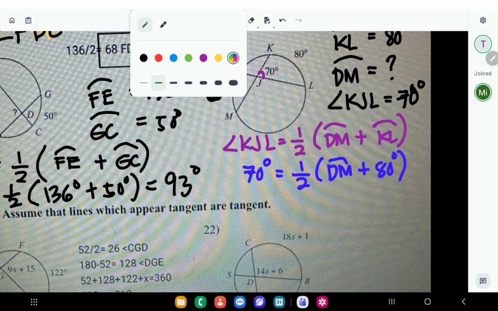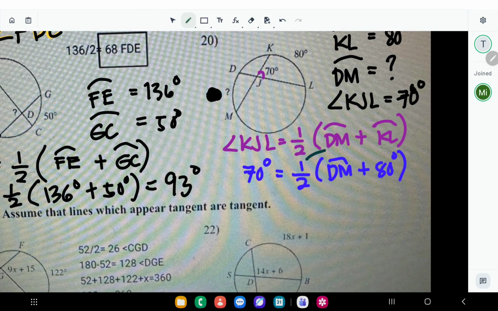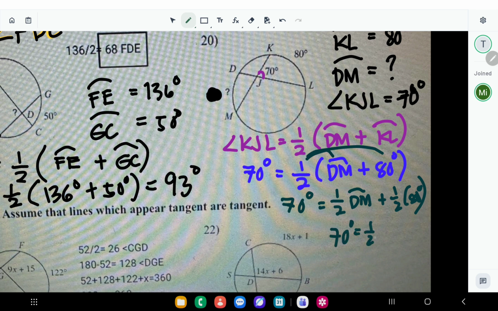Then we simplify. We multiply by 1/2. So 70 degrees equals 1/2 DM plus 1/2 times 80. Are you following? Then 70 degrees equals 1/2 DM plus 40.